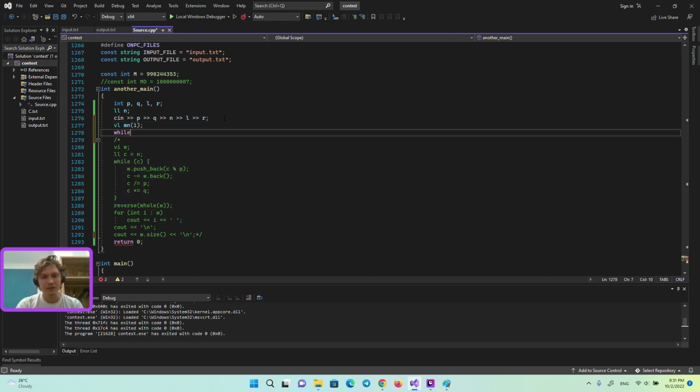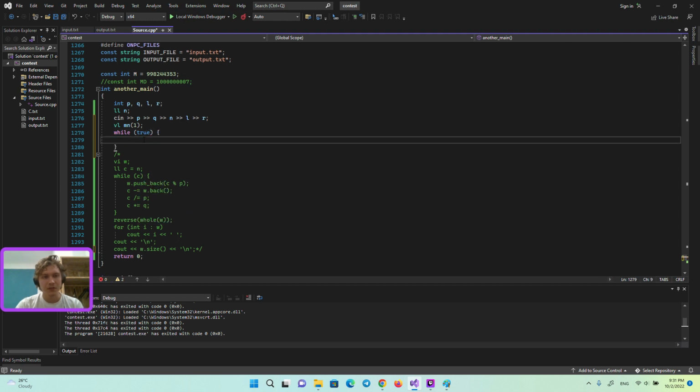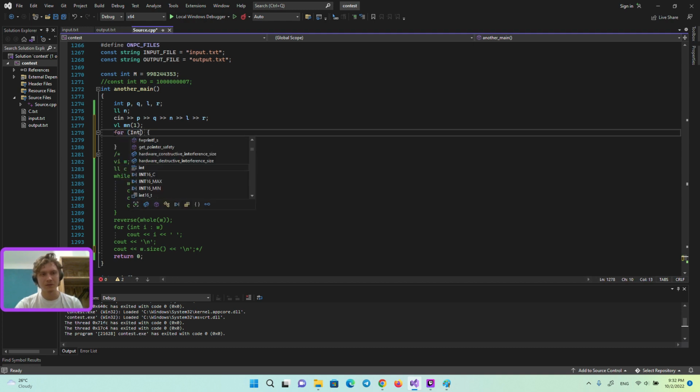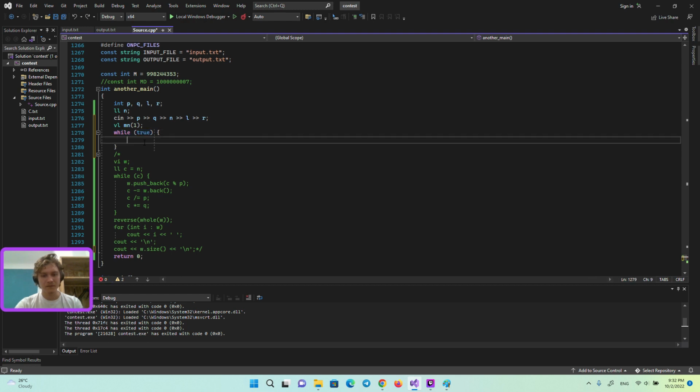So while true, we say, okay, we need a minimum number of each length. Int length equals mn dot size.